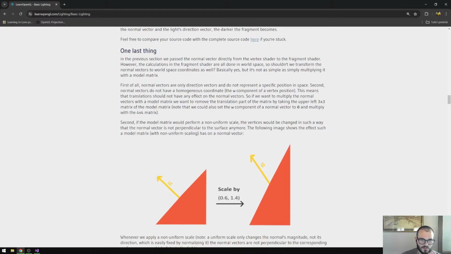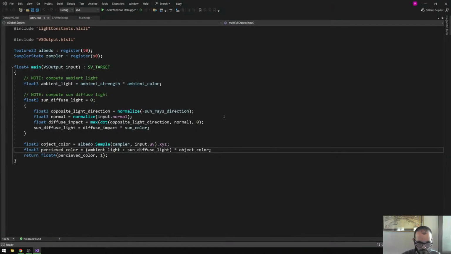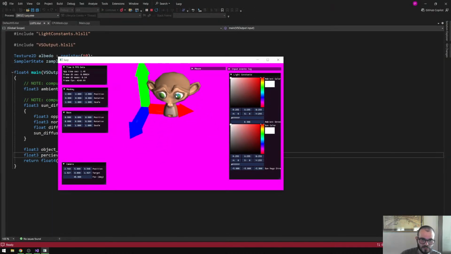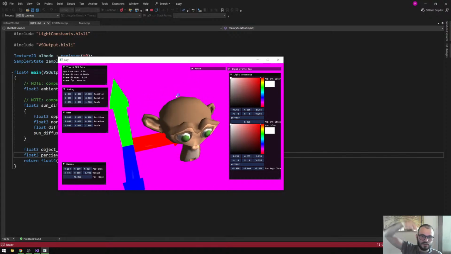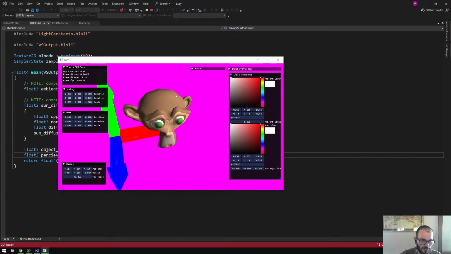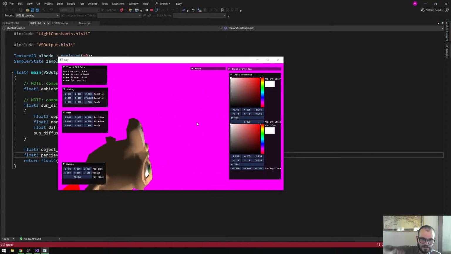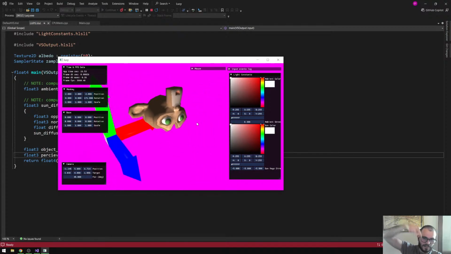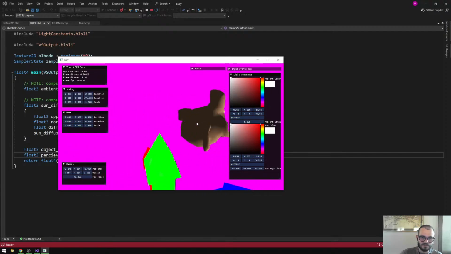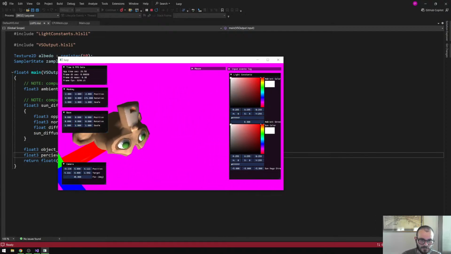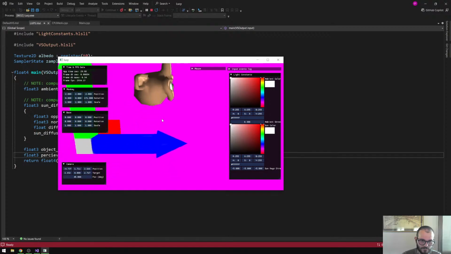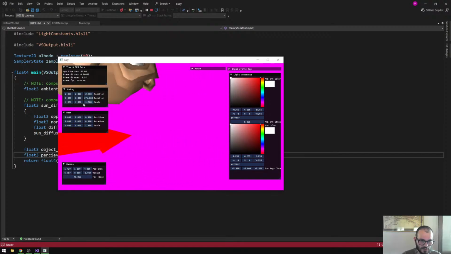First of all, normal vectors. So the problem, if it's not clear, is that the light is shining like that on the monkey. I simply rotate the monkey, so the light should be shining like that, but the monkey is not. This part should be lit, this part should be shaded.